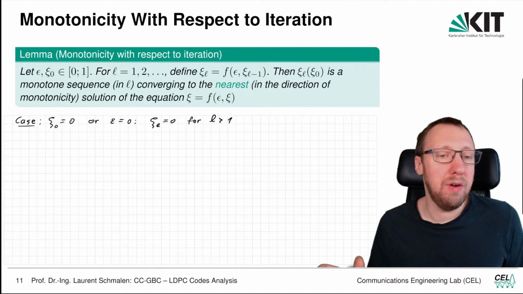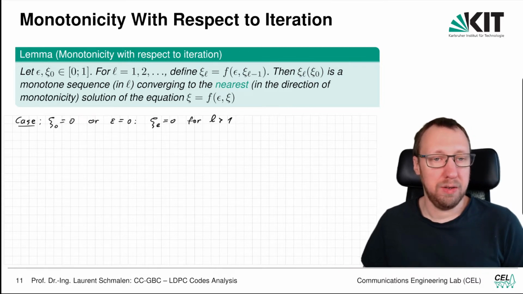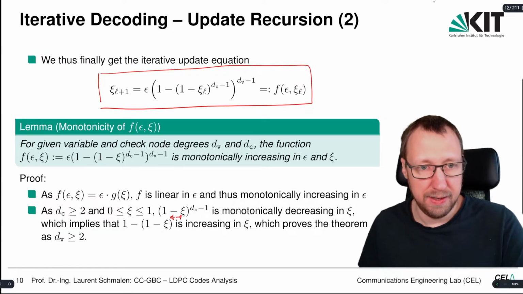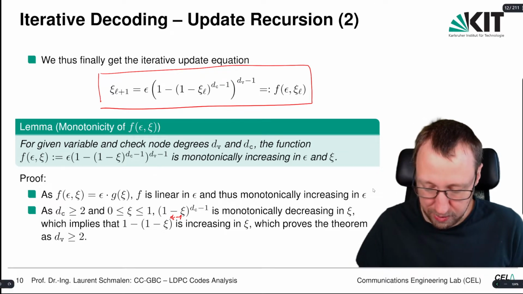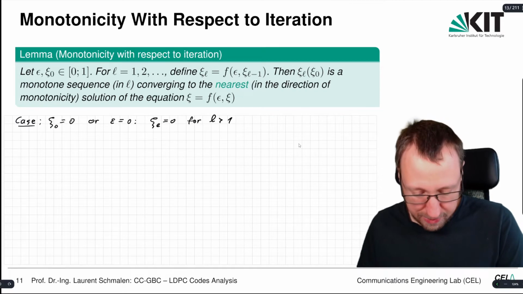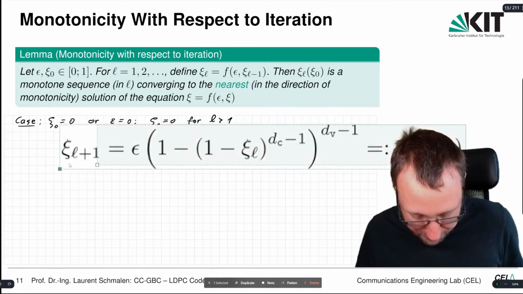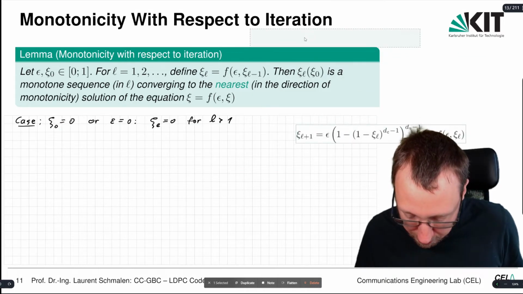If C0 is equal to 0 or epsilon is equal to 0, CL will always be equal to 0. Let's copy this expression up here so that we can actually see it on our slide, and so that you can always see what's going on.